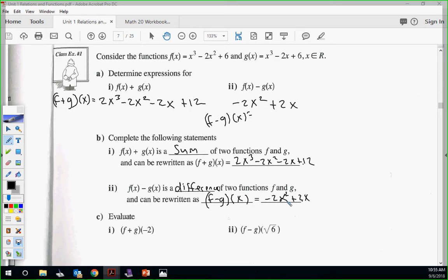So with these same ones we just did, we're going to evaluate these numbers now. The nice thing now is we can take this negative 2 and put it in for these x's. You put negative 2 in all three of those x's, and then we're going to get a value. Keyword: evaluate. So we're going to go 2 times negative 2 cubed, minus 2 times negative 2 squared. I'm just plugging in the negative 2.